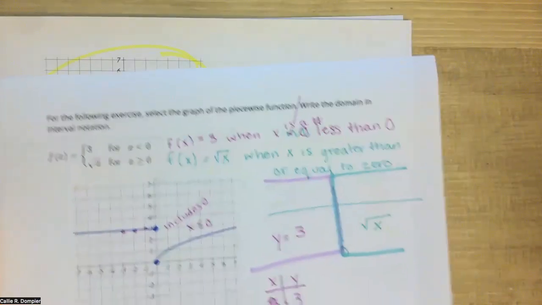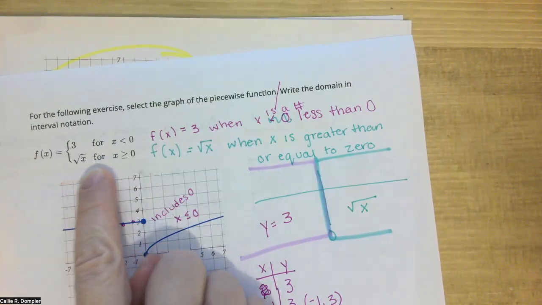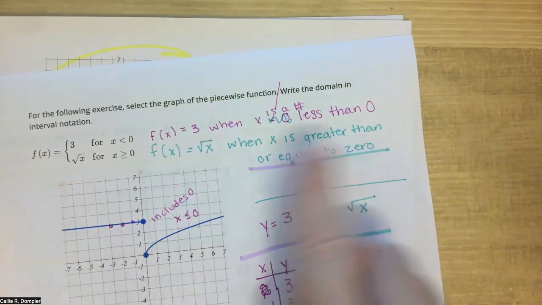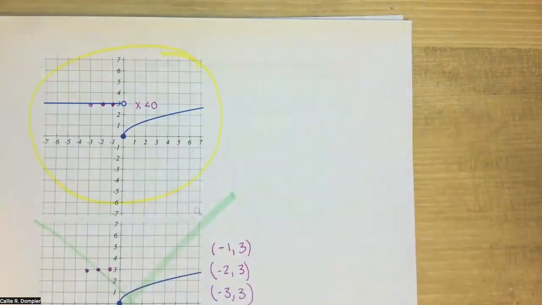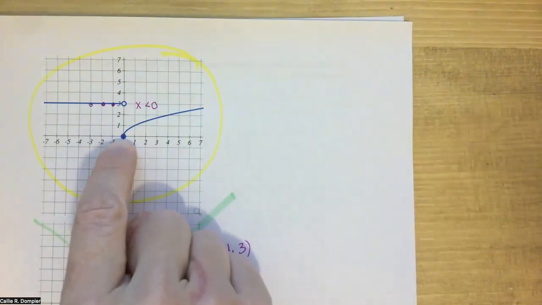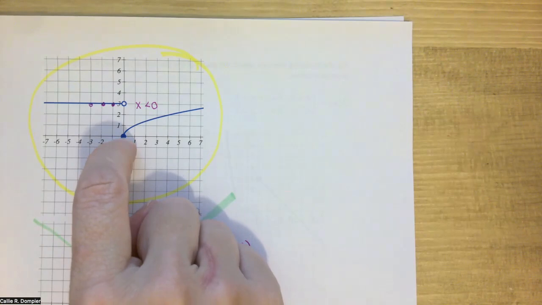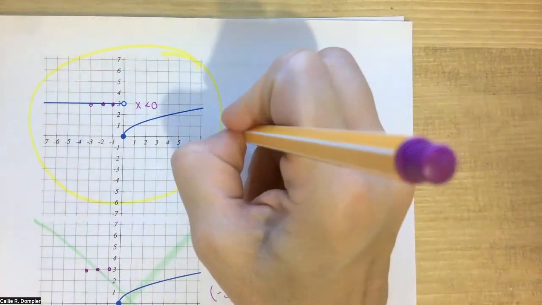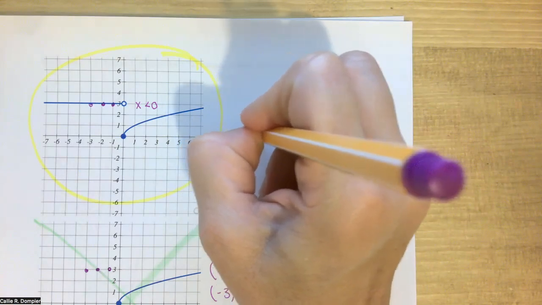Good. What was the other one? The square root of x when x is greater than or equal to 0. So when it equals 0, it'll be at the square root of x. That is for when x is greater than or equal to 0.